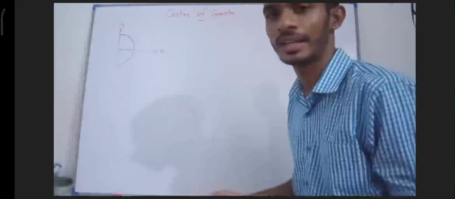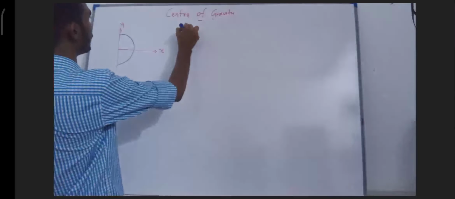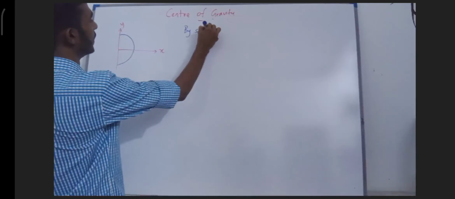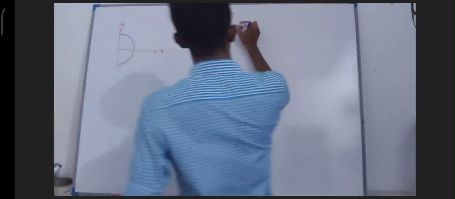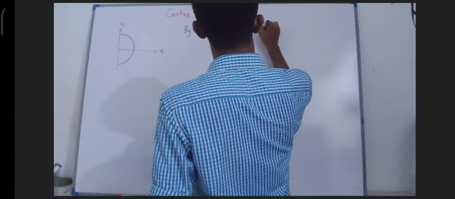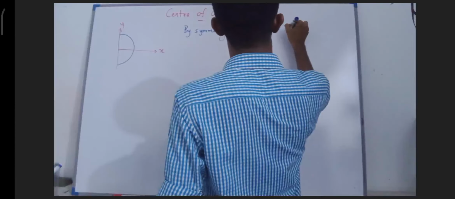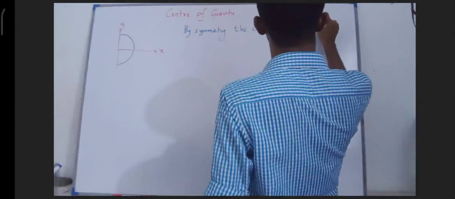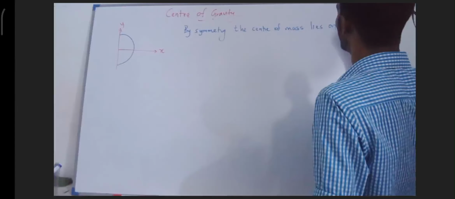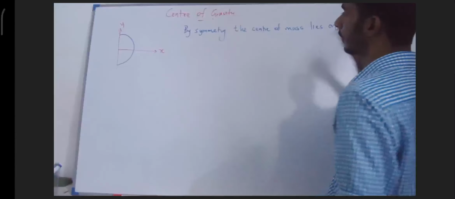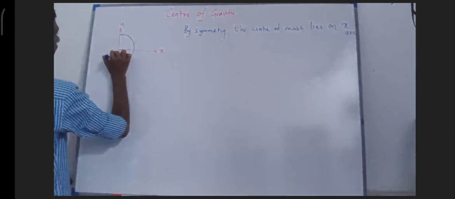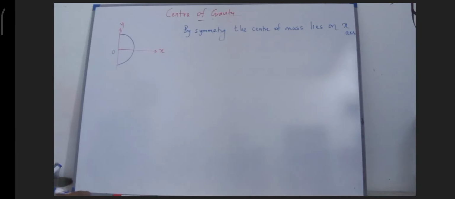When I start writing the answer, this is what I have to write at the beginning: by symmetry, the center of mass or gravity lies on the x-axis, or otherwise if I take this as origin or x-axis.